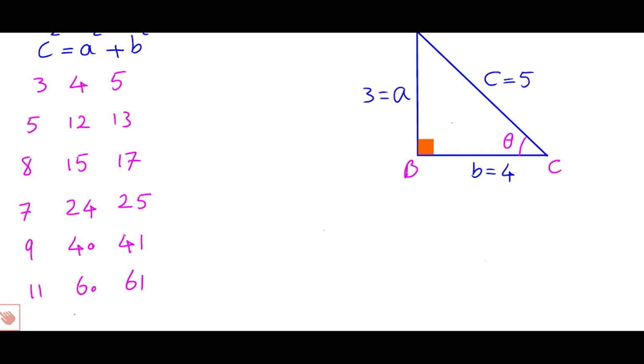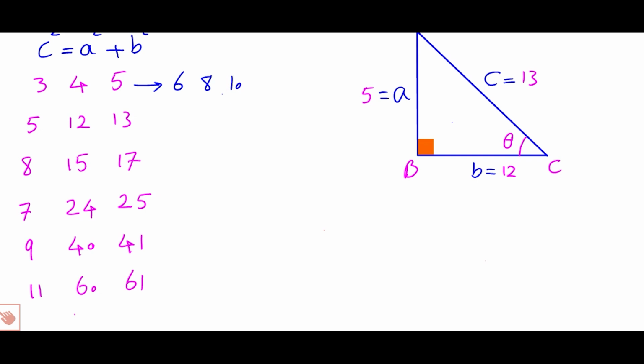For example, if A is 5 and B is 12, then the hypotenuse is 13. And if you multiply 3, 4, and 5 by 2, you get a 6, 8, and 10 triangle.